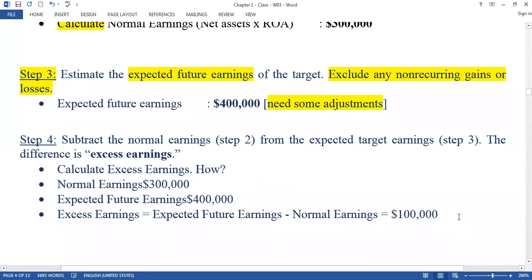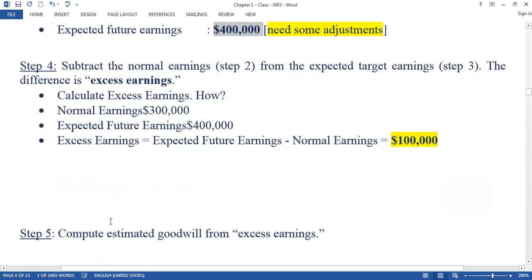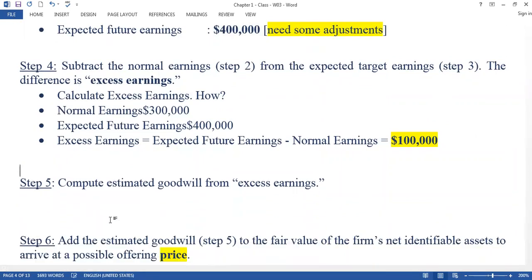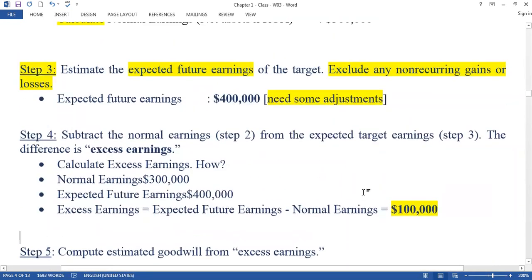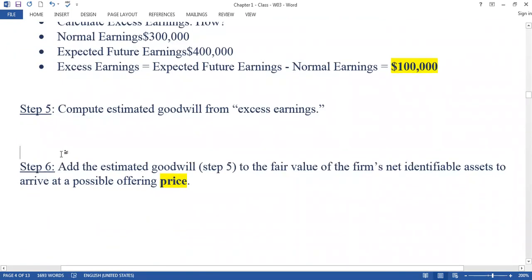So this excess earning is important. Again, if you make a mistake in step 3, this is also a mistake, because in step 3 we learn expected earnings. This is step 4, easy.